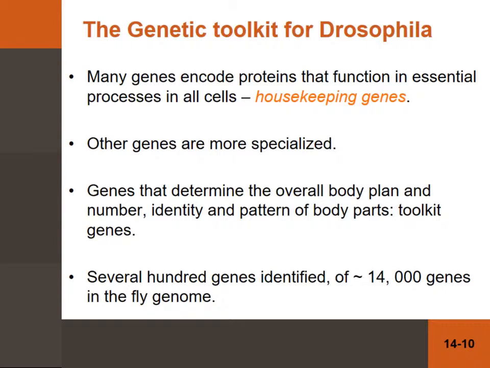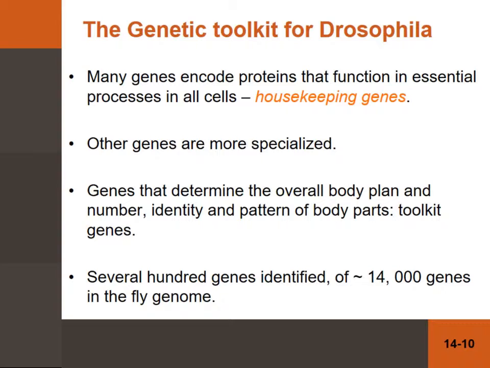Animal genomes typically contain about 13,000 to 20,000 genes, many of which function in essential processes in all cells. For example, genes required for cell respiration, genes required for the biosynthesis of macromolecules such as proteins, lipids and carbohydrates, and these genes are called housekeeping genes. Other genes are more specialised.